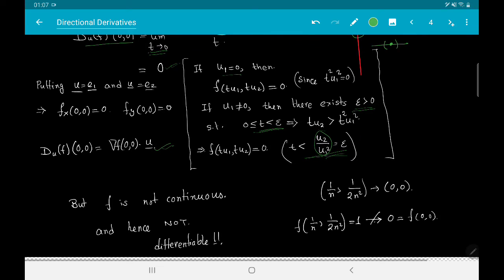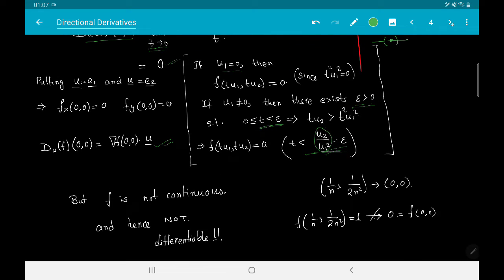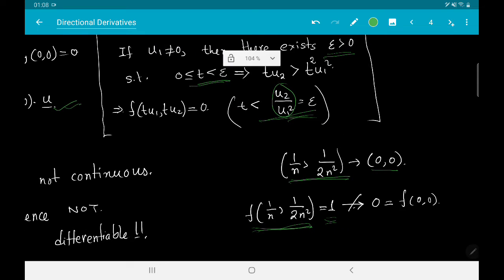And you can easily see that this function is not continuous. For example, you can take the sequence (1/n, 1/(2n^2)) which converges to (0, 0). However, you would see that f(1/n, 1/(2n^2)) is a constant sequence which has value 1 at every n, and consequently this converges to 1, which is not equal to 0. So this function is not continuous.